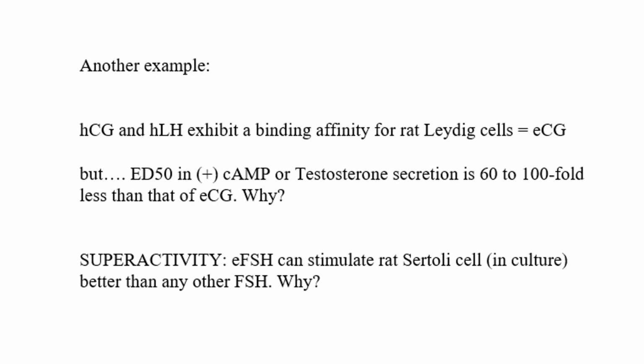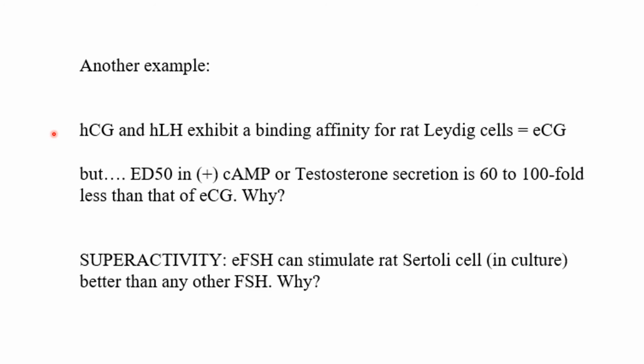Here's another example. Human HCG and human LH exhibit a binding affinity for rat Leydig cells equal to equine chorionic gonadotropin. So human chorionic gonadotropin and human LH will bind the same as equine chorionic gonadotropin for rat Leydig cells.